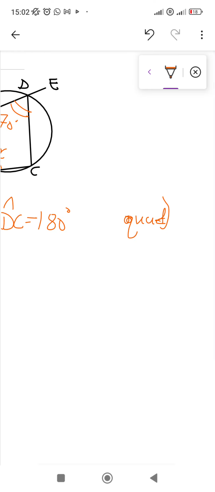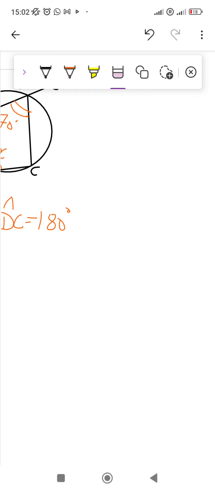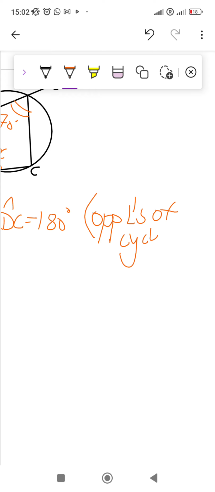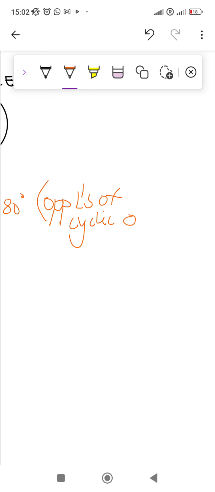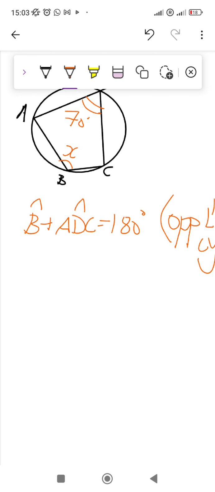So our reason, let's erase that. Our reason is opposite angles of a cyclic quad. Great. Let's fill in some more things over here.